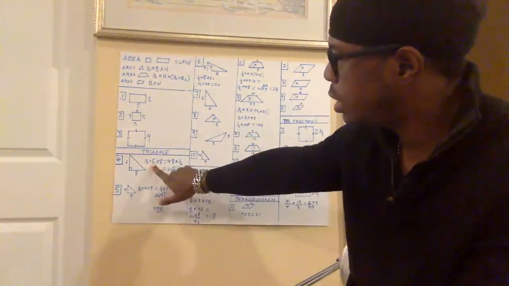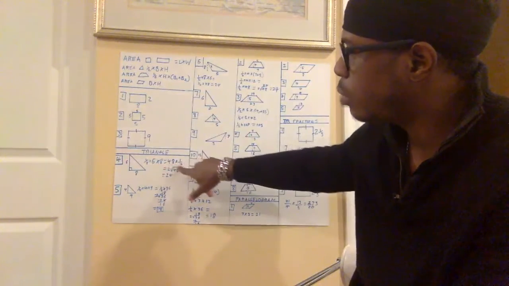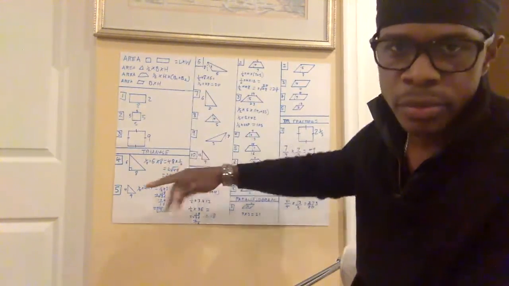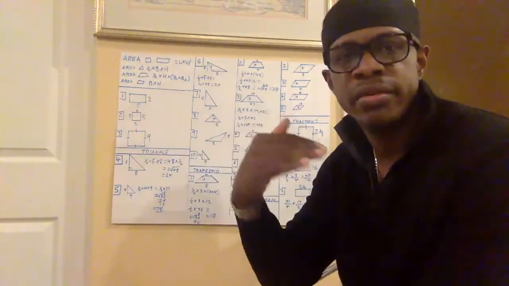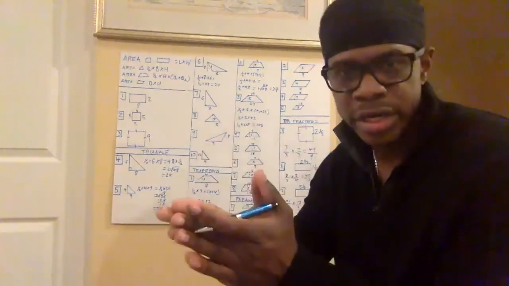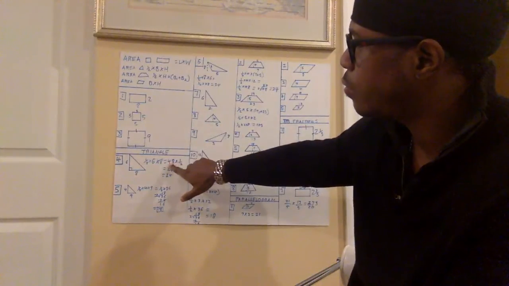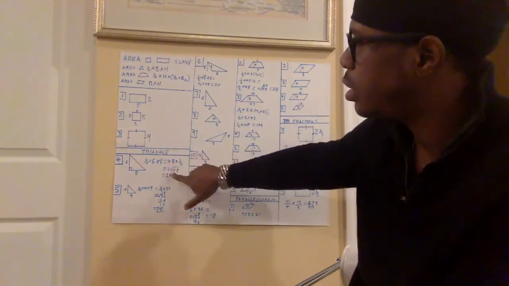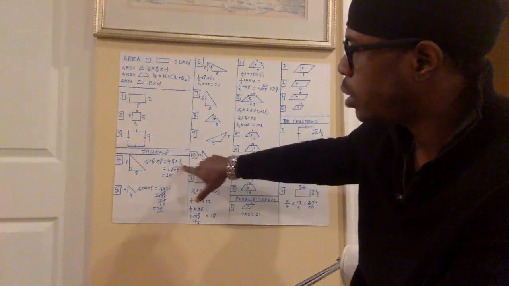So we could do 6 times 8, which is 48, and multiply it by a half. When you think of half, half of 10 is going to be 5, which is a smaller number. So whenever you're multiplying by a fraction, you're going to divide it.